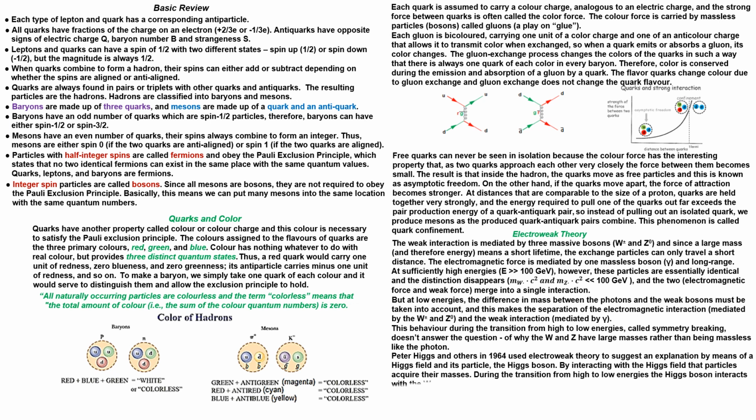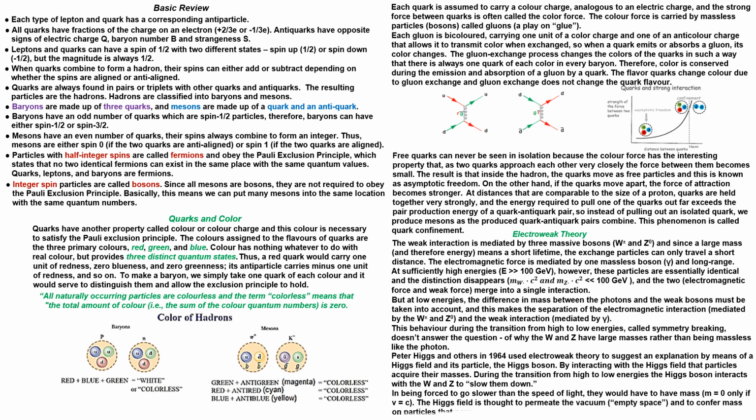During the transition from high to low energies, the Higgs boson interacts with the W and Z to slow them down. In being forced to go slower than the speed of light, they would have to have mass. The Higgs field is thought to permeate the vacuum and to confer mass on particles that now have mass by slowing them down.